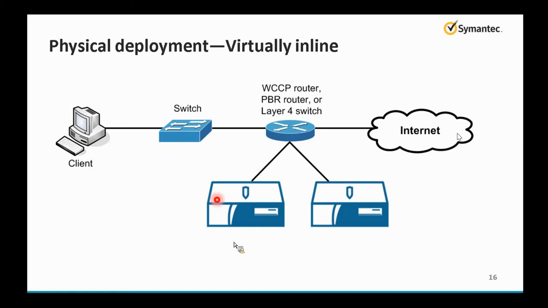But why is that so? Because in virtually inline, the proxy does not sit in the path of the traffic. The only disadvantage is you need a third-party device, such as a router that will support WCCP or PBR. If not, a layer 4 switch.